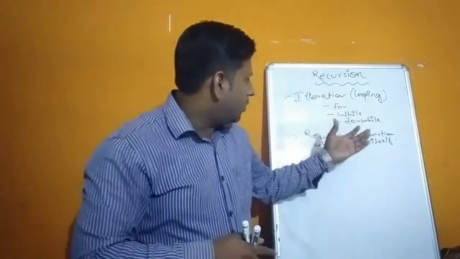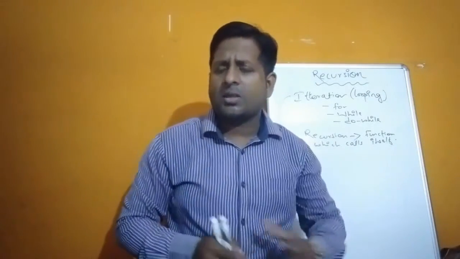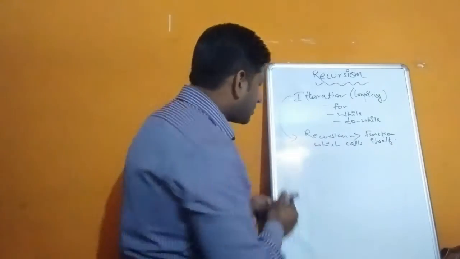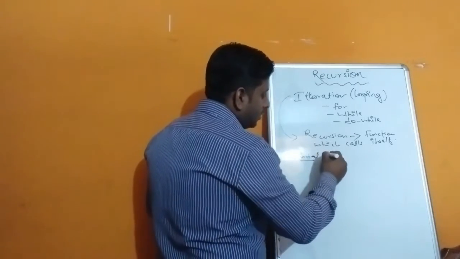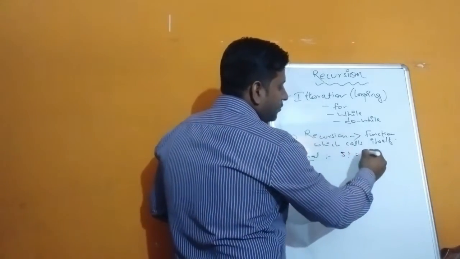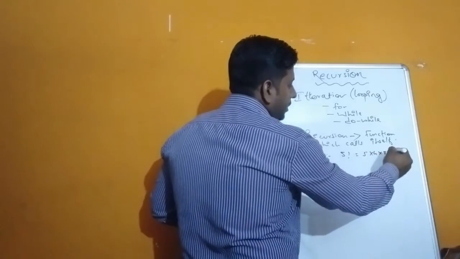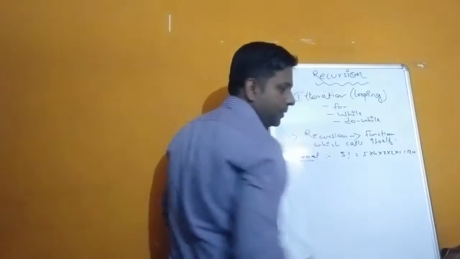But we have a parallel option also, like the factorial of a number. For example, 5 factorial is 5 into 4 into 3 into 2 into 1, that is 120.